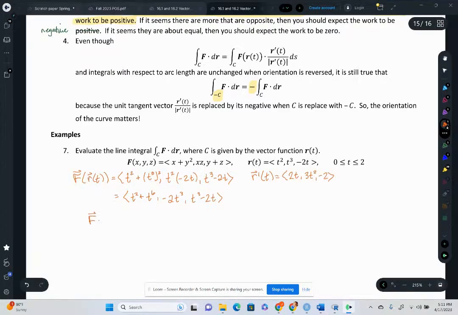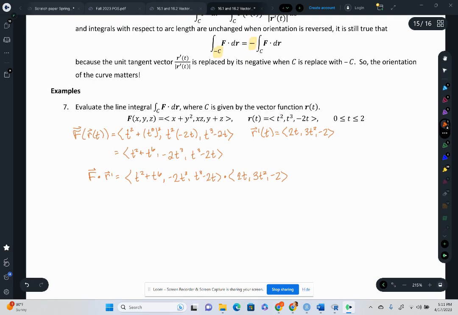Okay, now we've got some of the pieces that we need. We need to find f dot r prime. So that's t squared plus t to the 6th, minus 2t cubed, and t cubed minus 2t for f, dotted with r prime, which is 2t, 3t squared, and minus 2. Remember, in a dot product you multiply like components and then add them together.